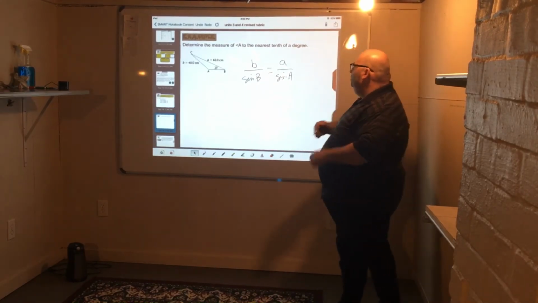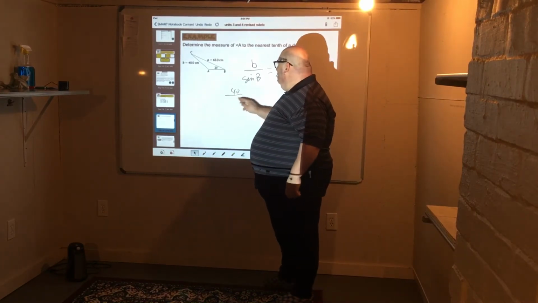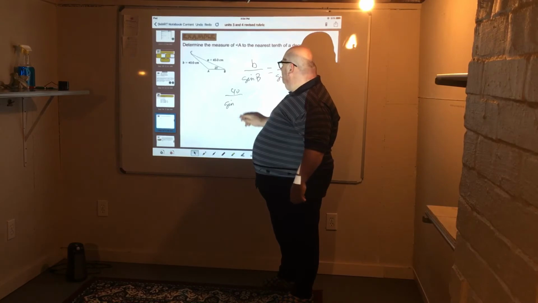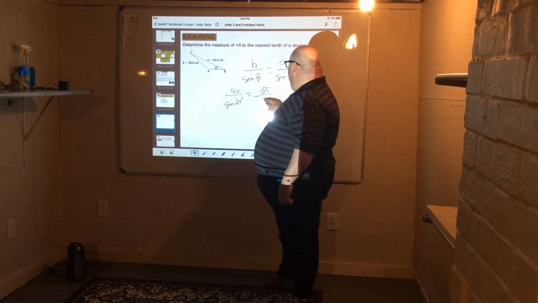Right. So if we pull these out, what we're going to get is 40 over the sine of, what's the angle? 23 degrees is equal to 65 over the sine of A.